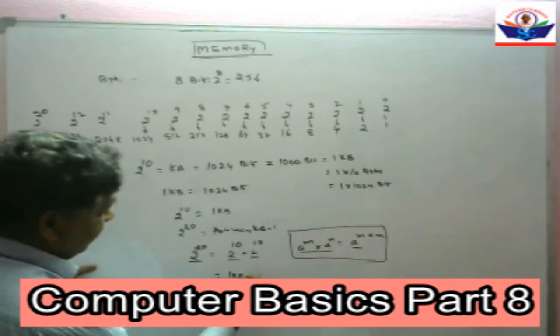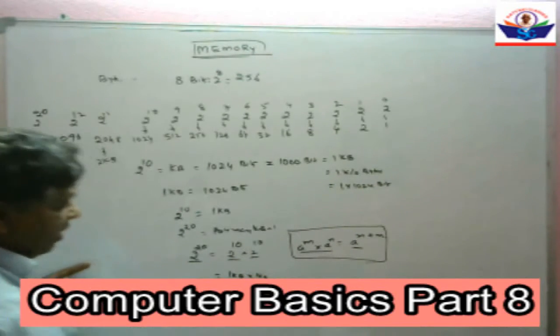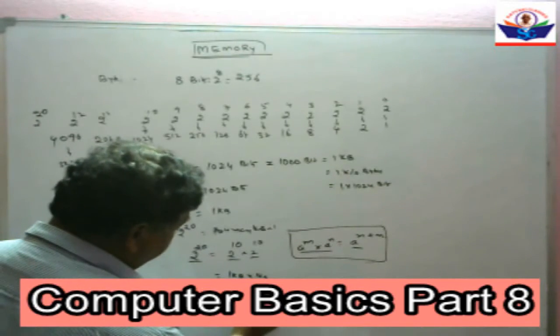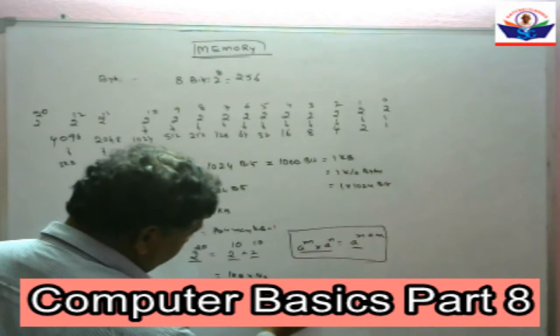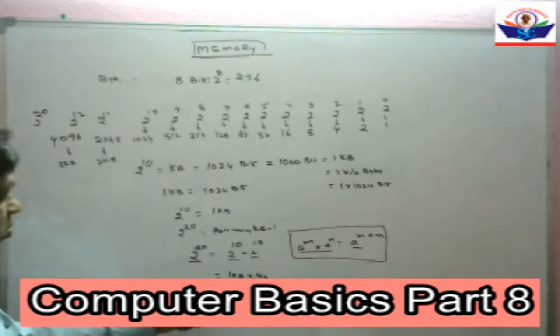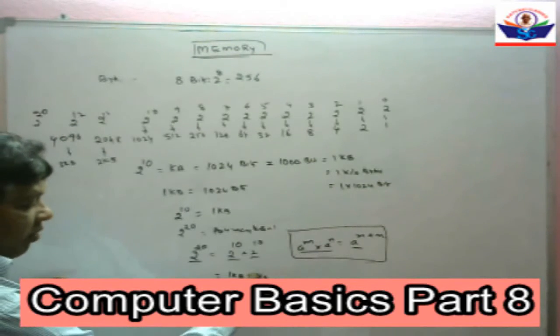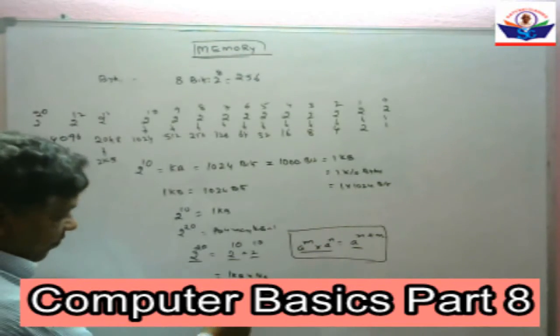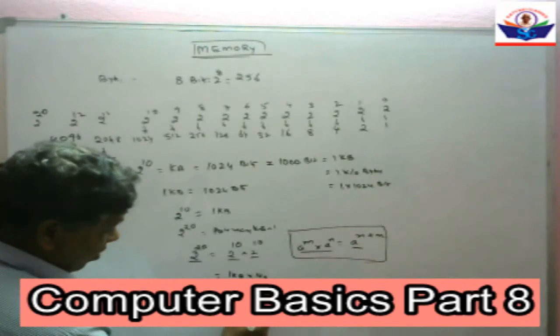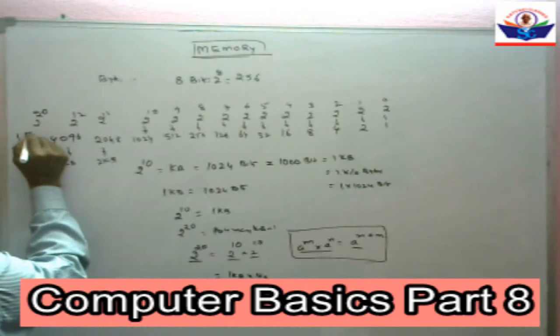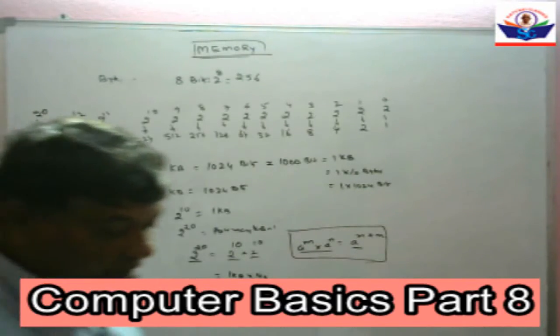So 1 KB into 1 KB, that means 1024 into 1024, is called 1 megabyte.